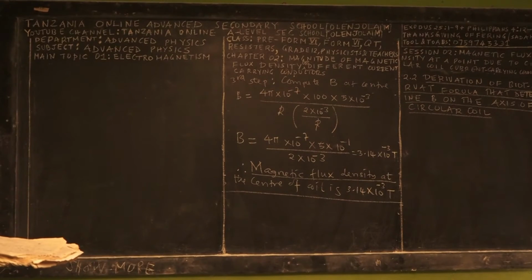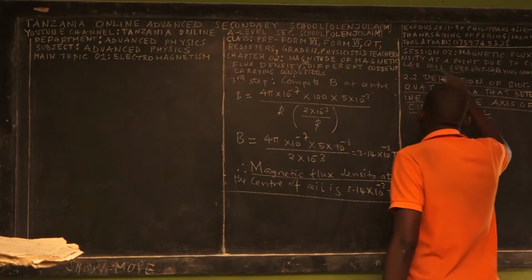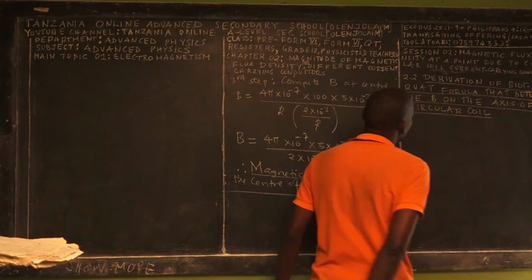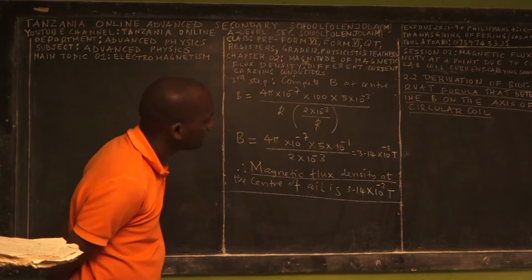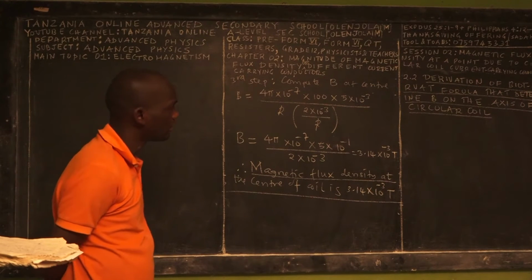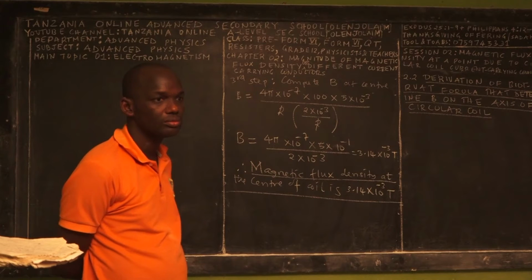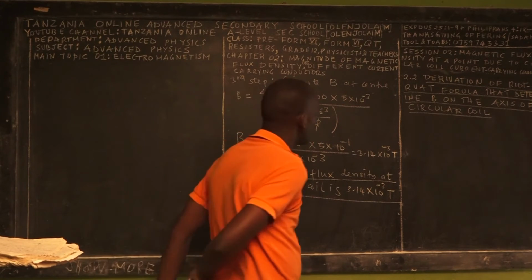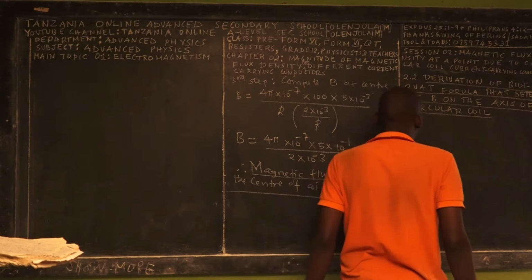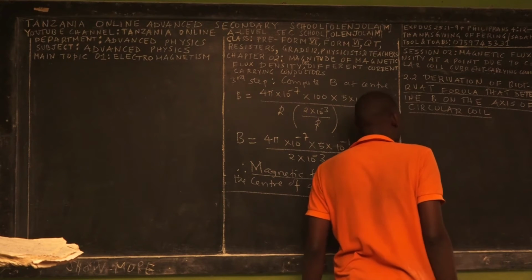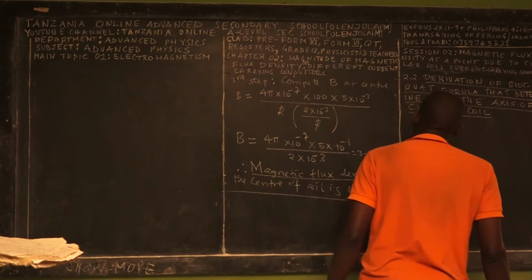Okay, so we are here to teach you about the derivation of the Biot-Savart formula that determines magnetic flux density on the axis of the circular coil. I say, if you want to do two things at a time, especially in advanced physics, you lose one.